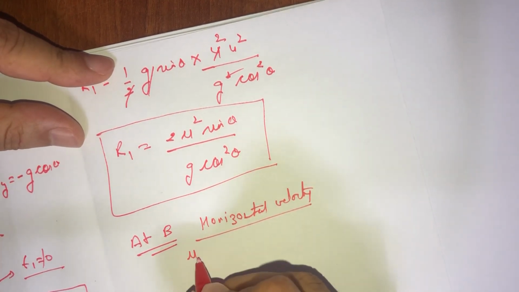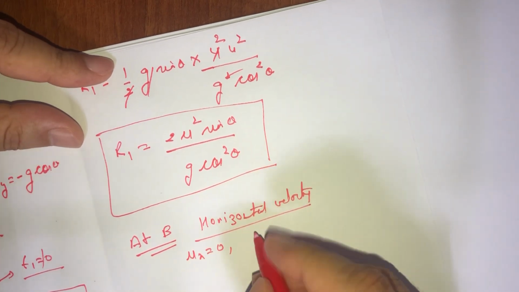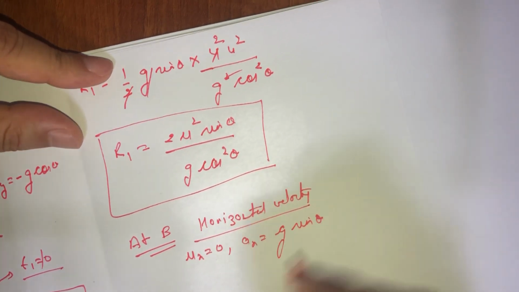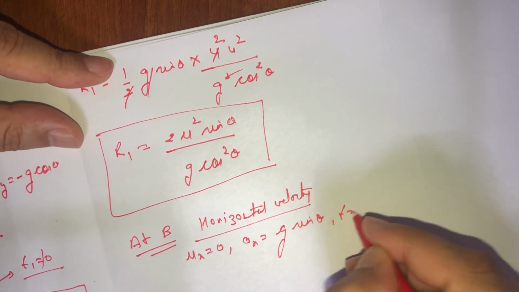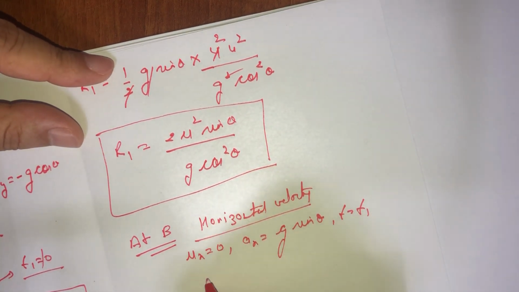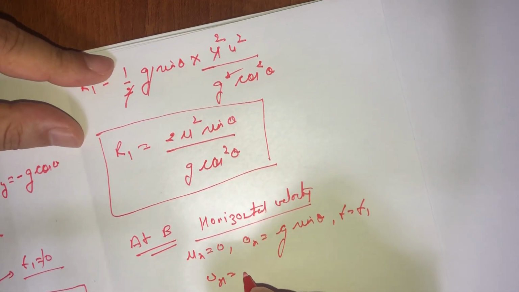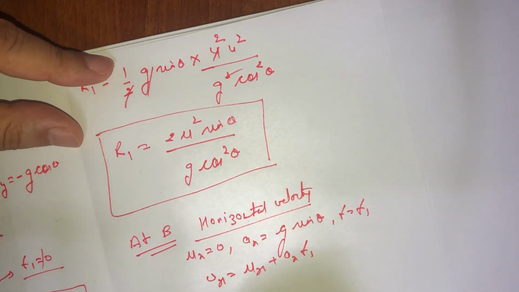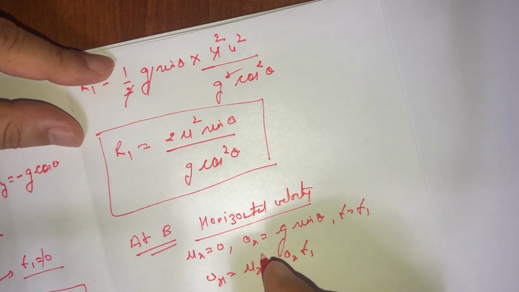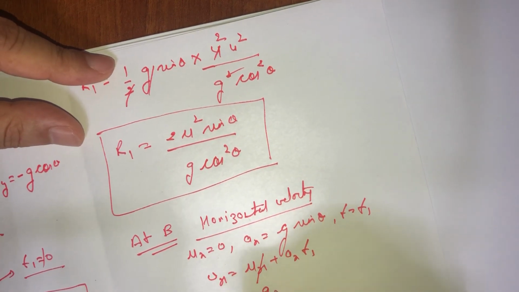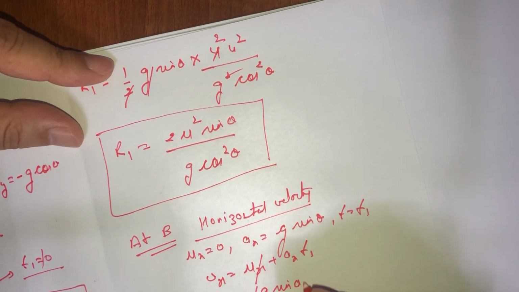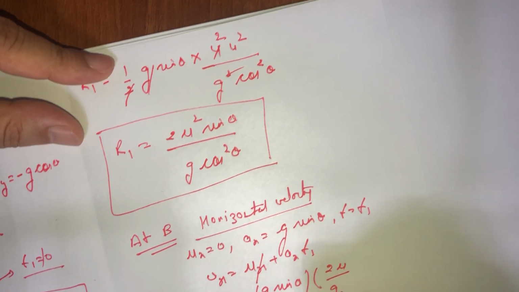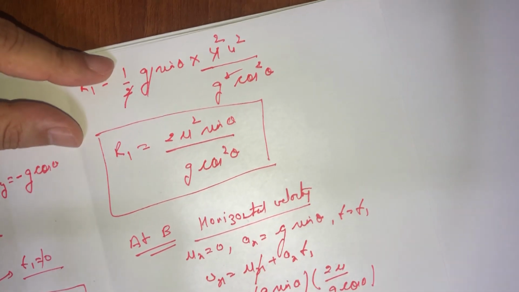We already know that u of x is equal to 0, a of x is equal to g sin theta, and time period is t1. So v of x is equal to u of x plus a of x multiplied by t1. u of x is 0, a of x is g sin theta, and t1 we already know is 2u over g cos theta.